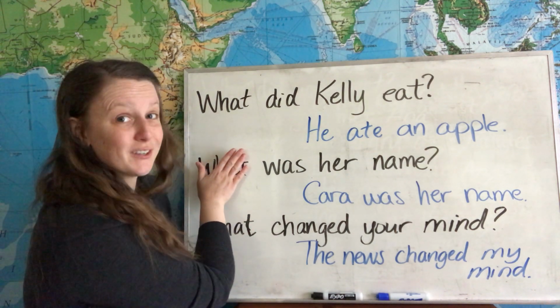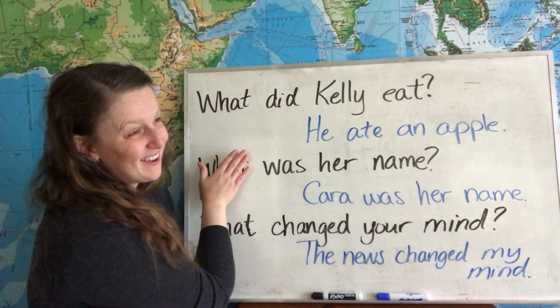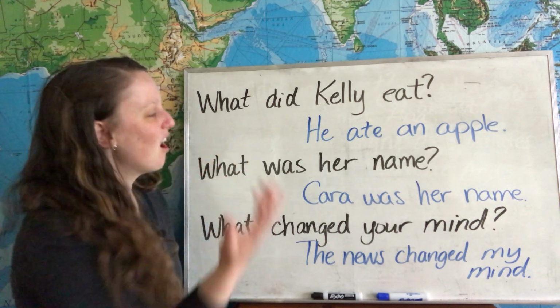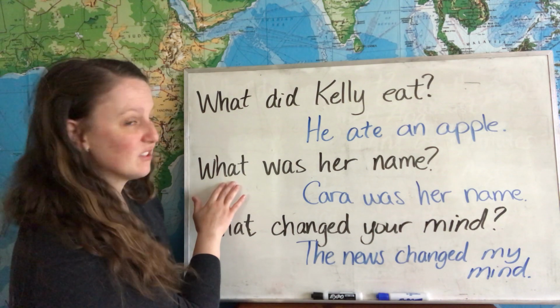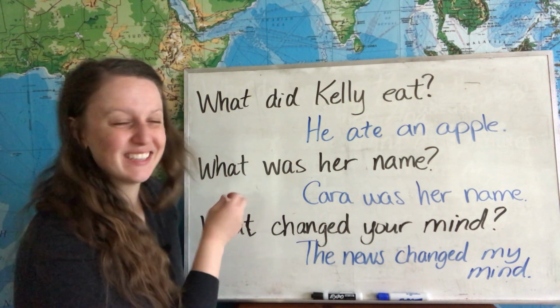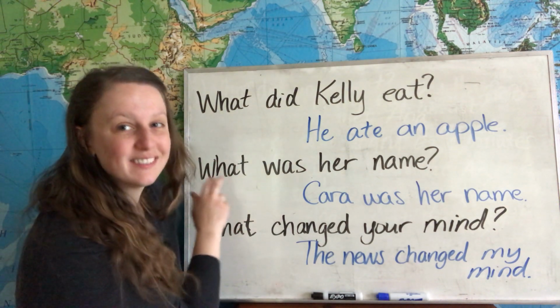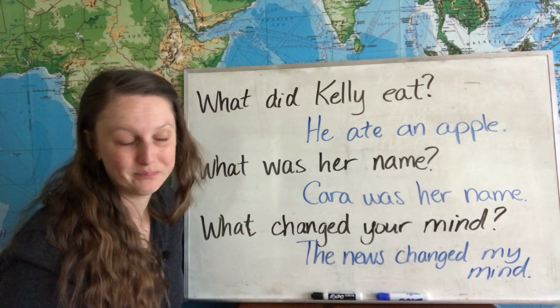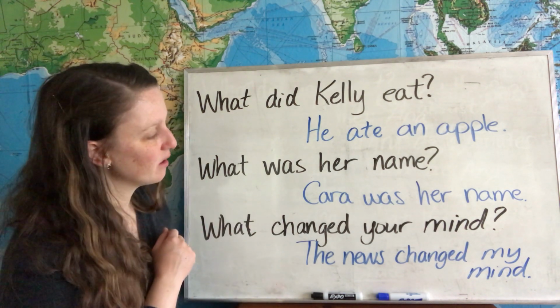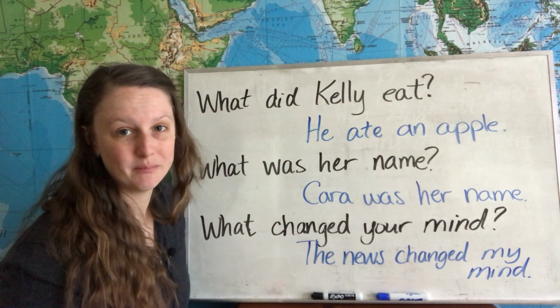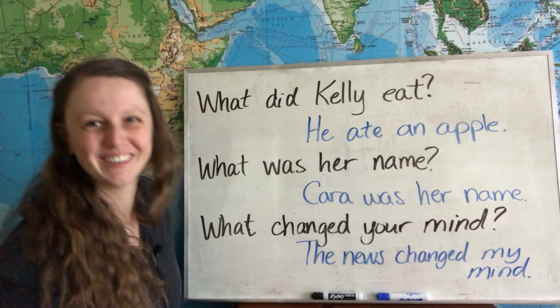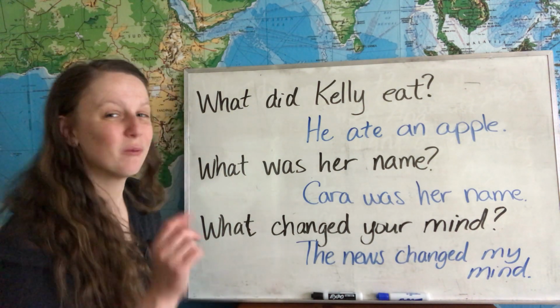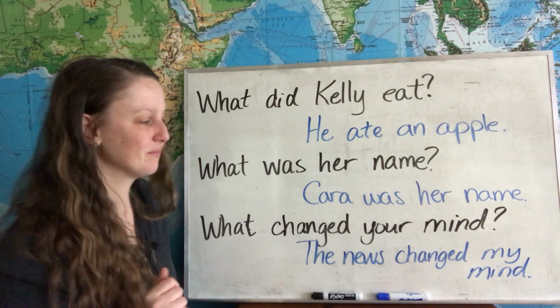We could ask, was her name Kara? Yes, it was, or no, it wasn't. All we have to do to make a what question, to ask about that thing, is to add what at the beginning of the question. What was her name? Her name was Kara, or Kara was her name. Same meaning with those be verb sentences.